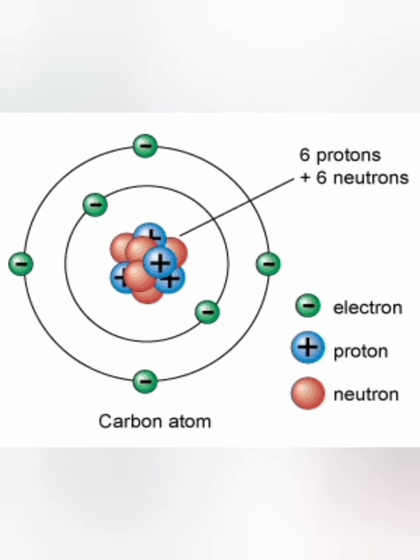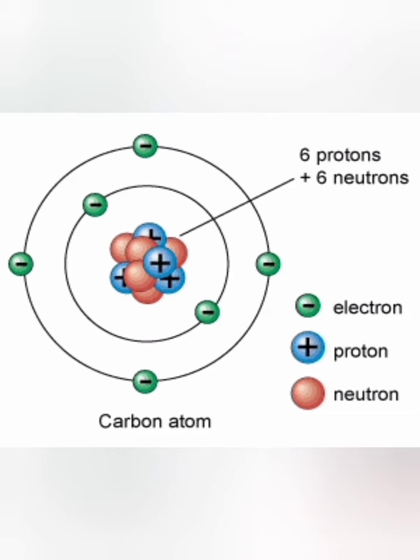The neutrons have zero charge, but they both have the same mass. The outer part of the atom is called electrons.